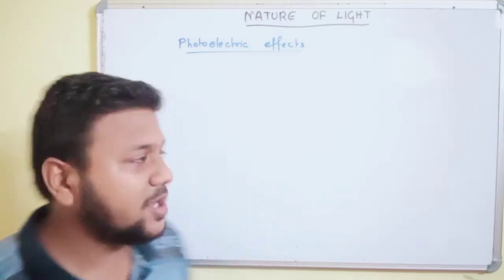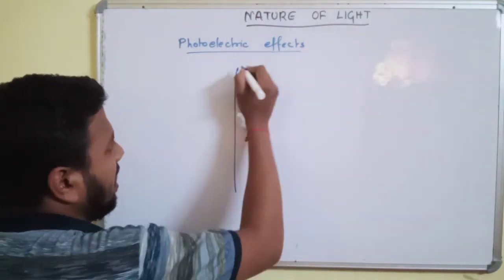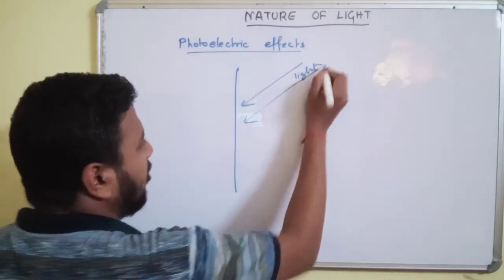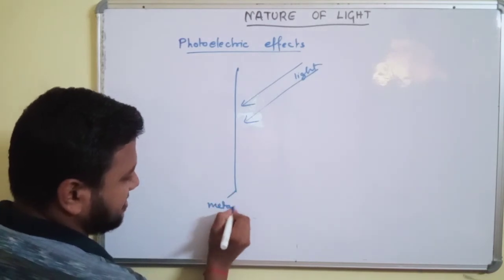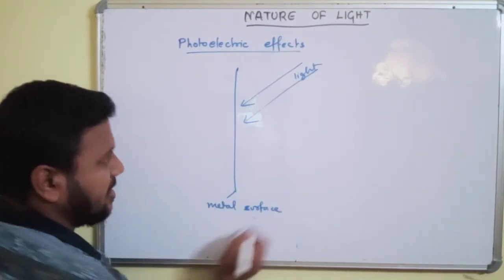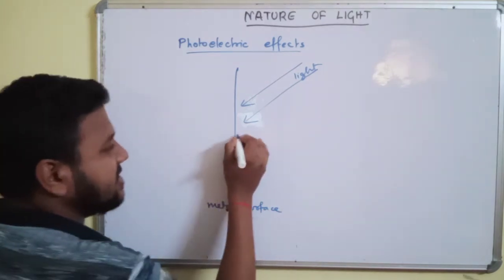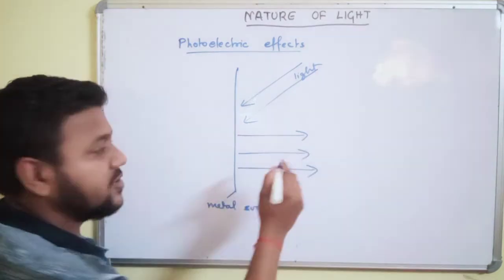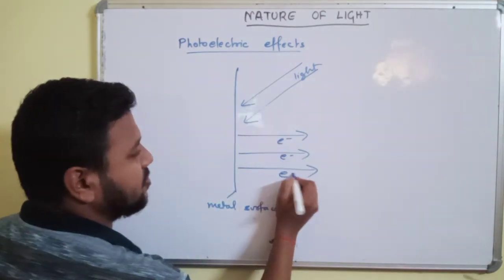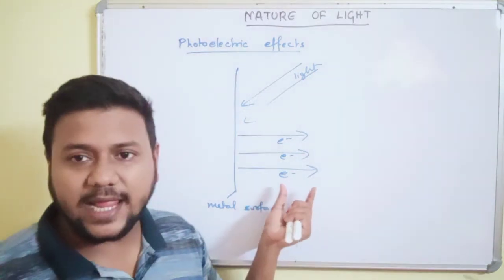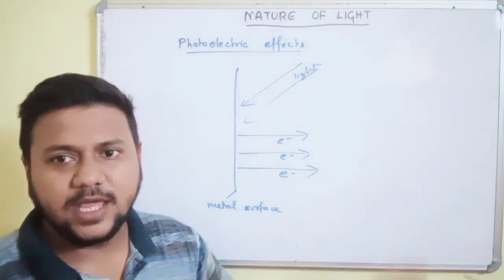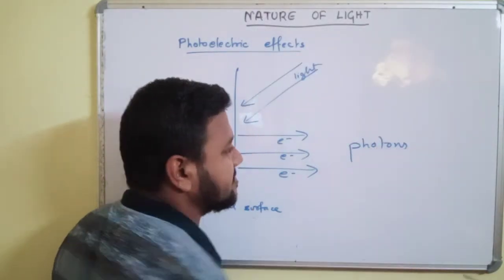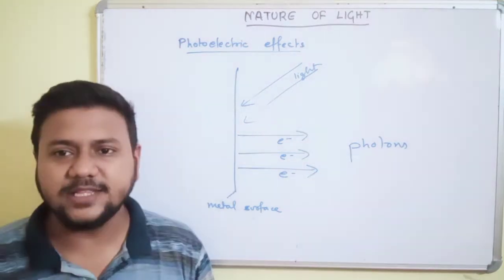What happens because of light falling on a metal surface? Einstein observed that this metal surface emits particles, which are electrons. These particles of light that were emitted were termed photons.